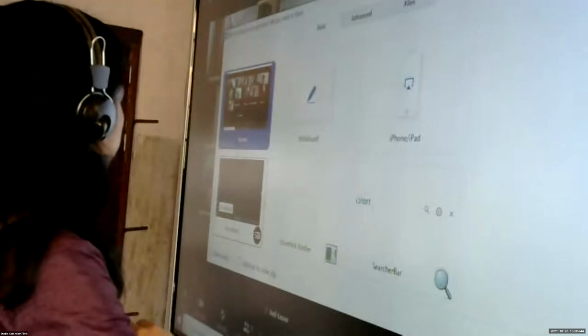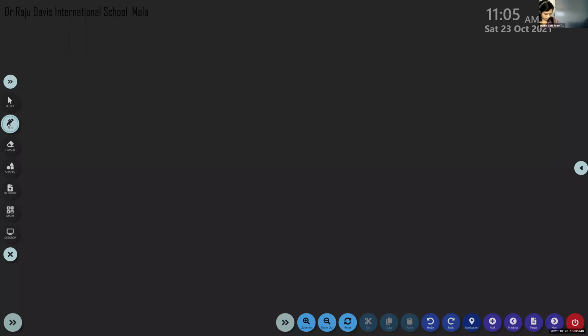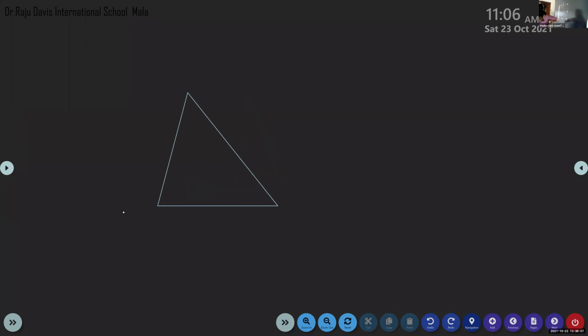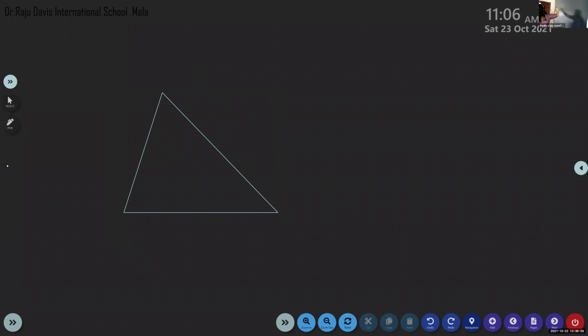Okay, so listen. I'll give you one problem. I'll draw a triangle and you have to tell me what the exterior angle is. Problems can come like this also. See, one triangle is there.